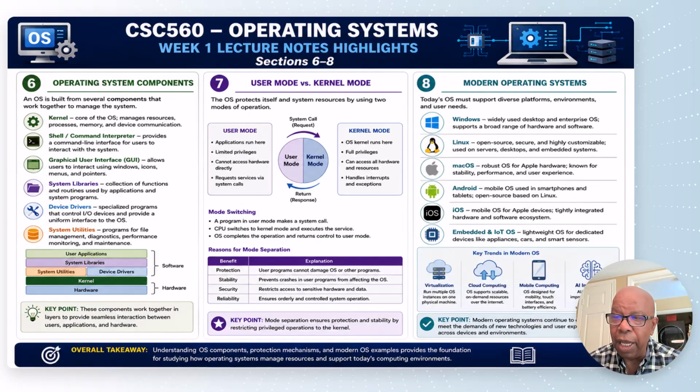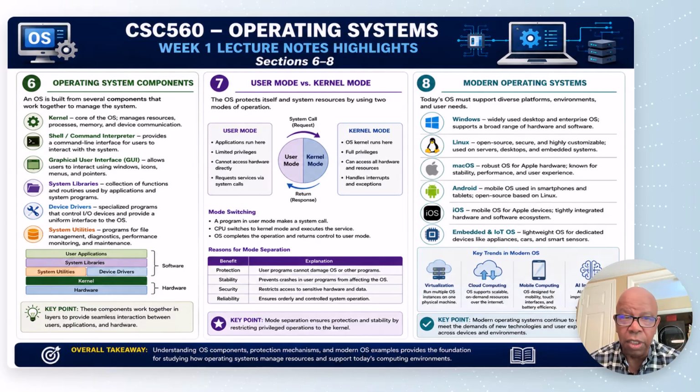The shell and command interpreter provide a command line interface for users to interact with the system. The graphical user interface, GUI, allows users to interact using windows, icons, menus, pointers, buttons, all that good stuff that we put in online systems. System libraries are a collection of functions and routines used by applications and system programs.